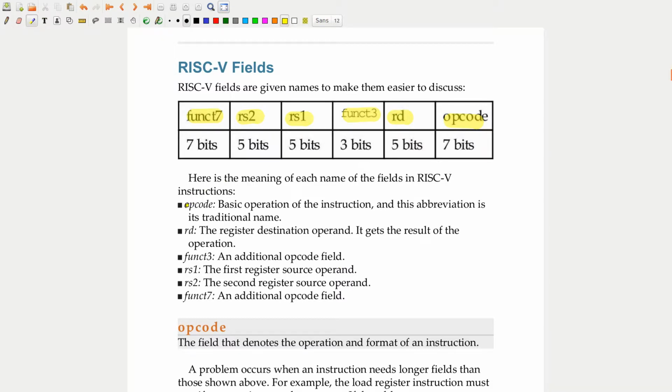And opcode is going to tell what instruction it is, the basic operation of this instruction. So the 7 bits in here are used to say, okay, is this an add? Is this a subtract? Is this a load? And funct3 and funct7 are just if we need additional bits for opcode.